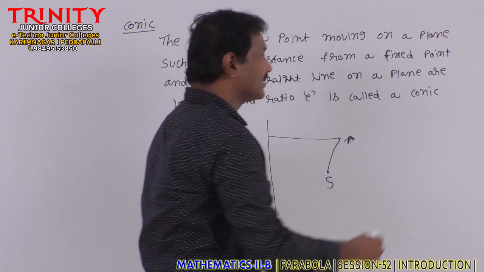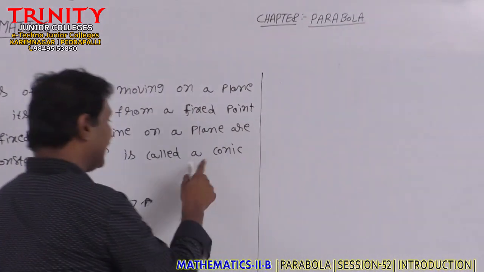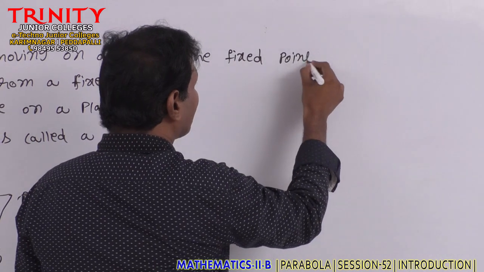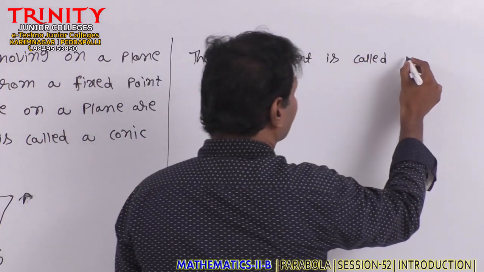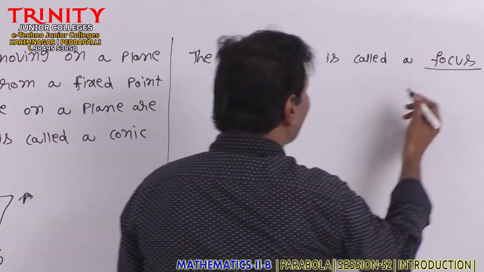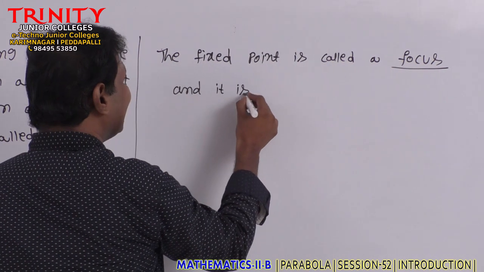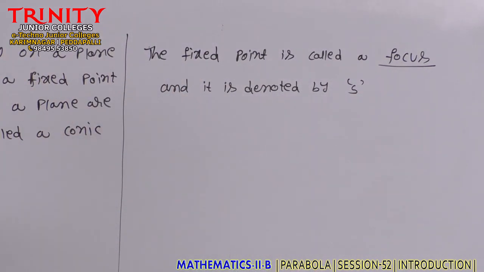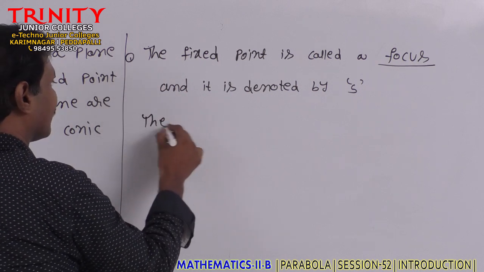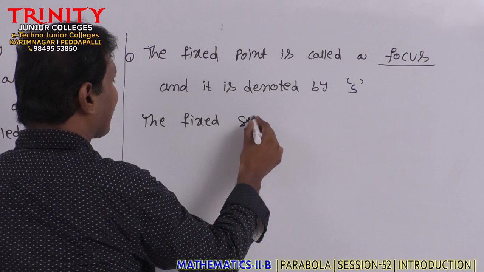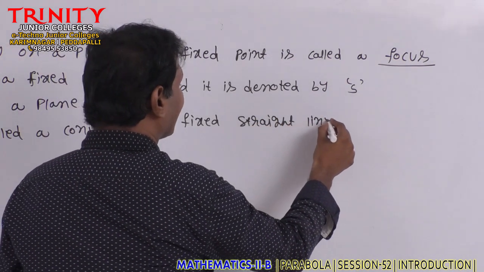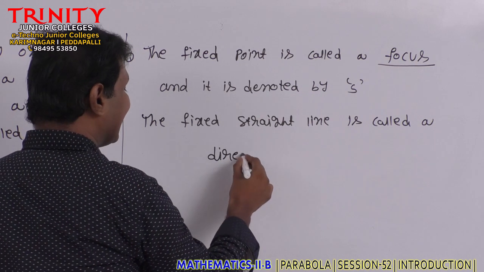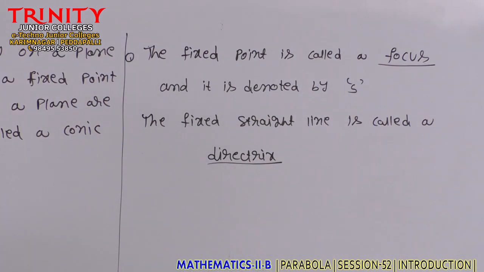is called a conic. In this case, the fixed point is called a focus, and it is denoted by S. And second, the fixed straight line is called a directrix.